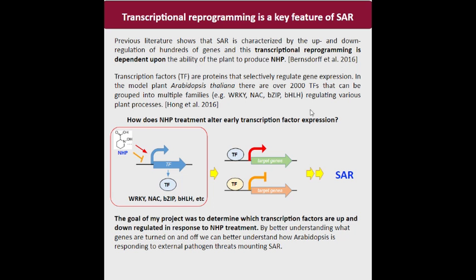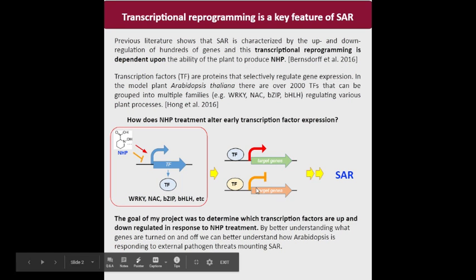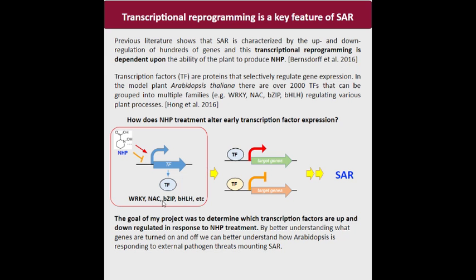So we can have transcription factors which promote gene expression and transcription factors which inhibit gene expression. Specifically, I looked at the WRKY, NAC, bZIP, and bHLH families in Arabidopsis thaliana, which was the model system that I used to conduct this experiment.